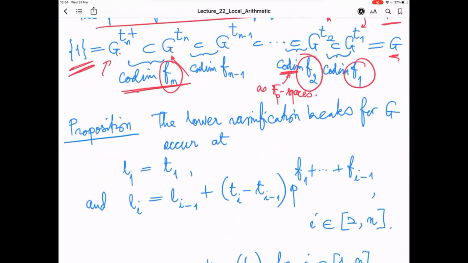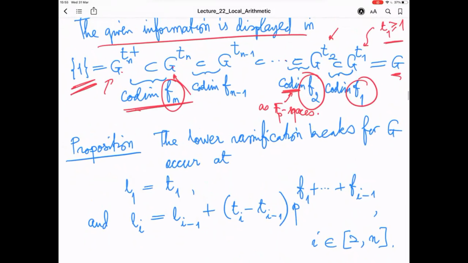And G^{t_n+} is trivial. That's the last ramification break.